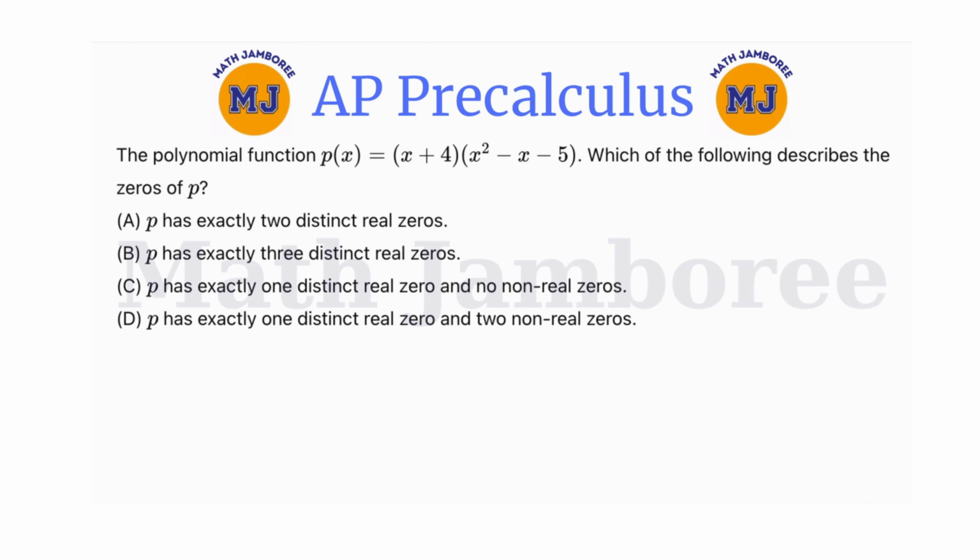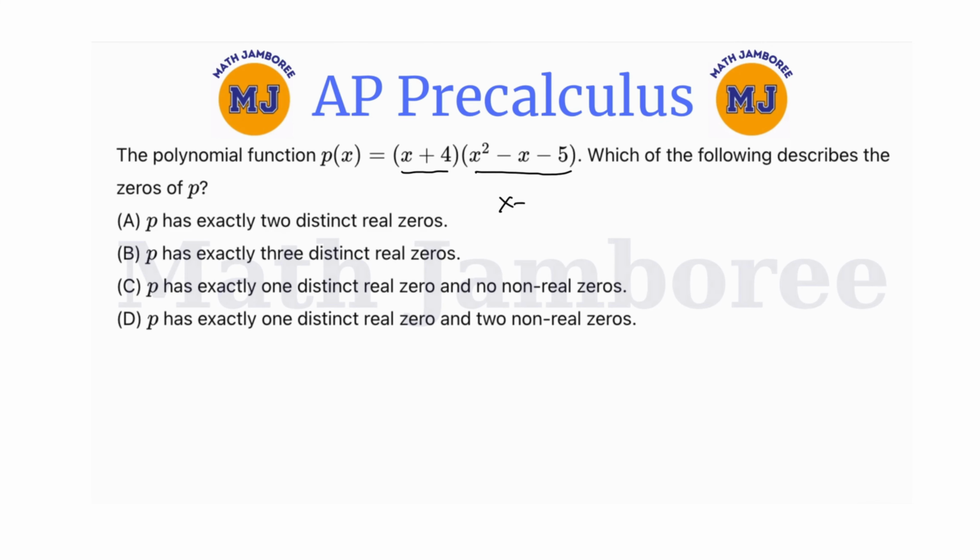To solve this, we're talking about the zeros. To find the zeros of any polynomial, we look for the factors, set the factors equal to 0, and then solve for x. Technically, there are two factors of this polynomial.